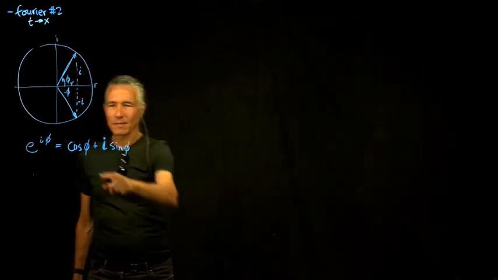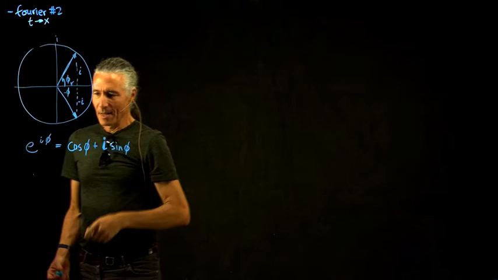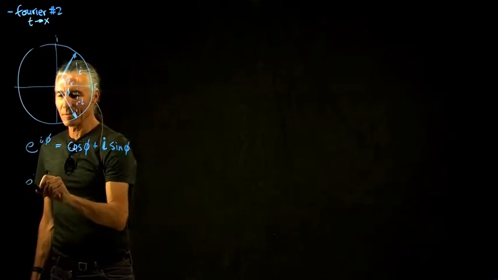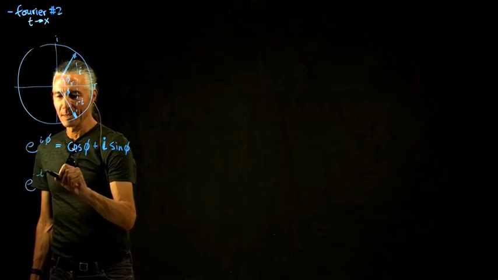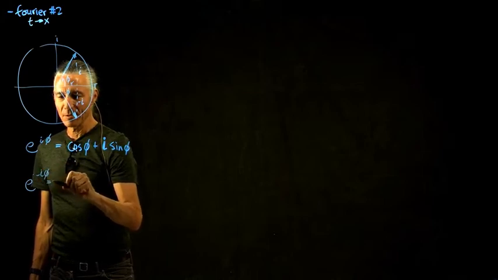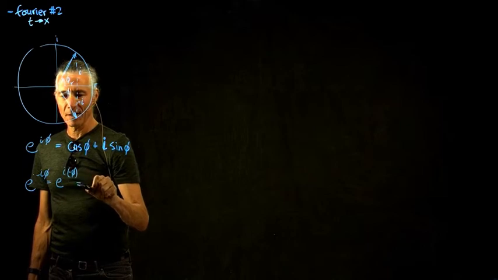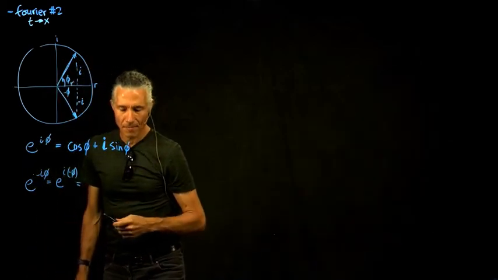So this is the x component and the y component. Now if you take the negative of that, if we take e to the minus i, that equals e to the i times the minus angle.